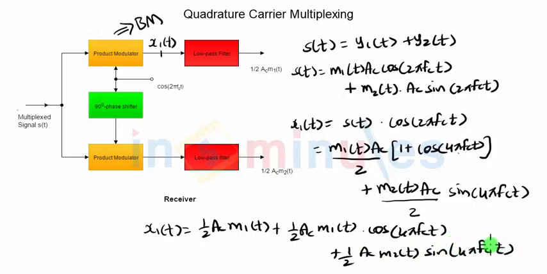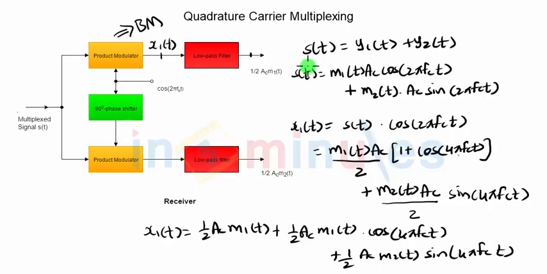So this is my output x1t of the first product modulator. The output is given to a low pass filter. It is passed through the low pass filter, and the output of the low pass filter is my final output of the receiver. So let us now write down the output of the low pass filter.